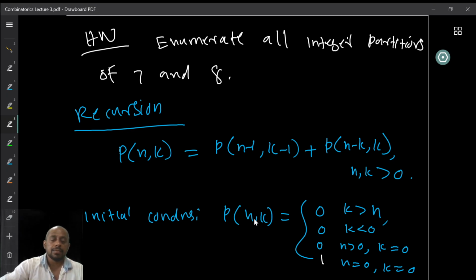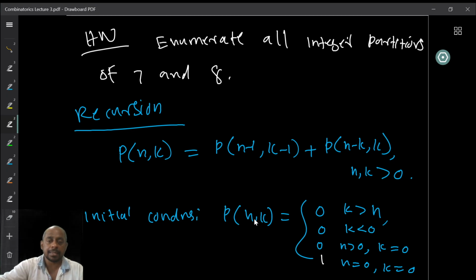So here we are going to do the following. We will write two sets, Q and R, where the set Q counts some particular type of partitions, and R counts another type of partitions.